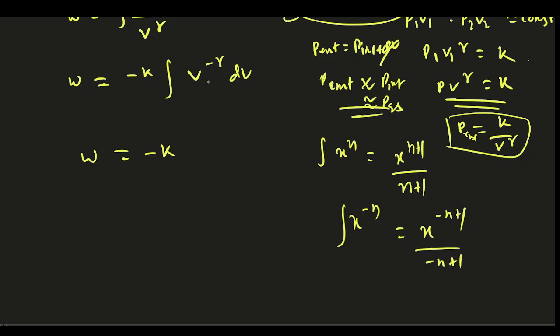Here this is the same: V to the power minus gamma. So this will be V to the minus gamma plus 1, and here n plus 1 is minus gamma plus 1. This is the value.